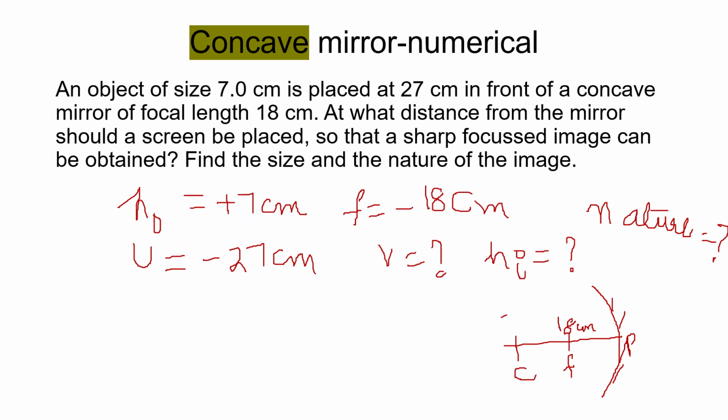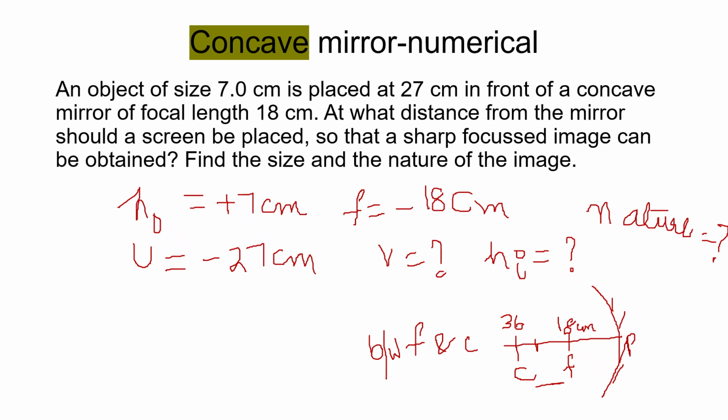It is at the 36 mark. Now where is the object placed? 27. So 27 is somewhere in between, I can say here. So now this is a case of an object placed between F and C.